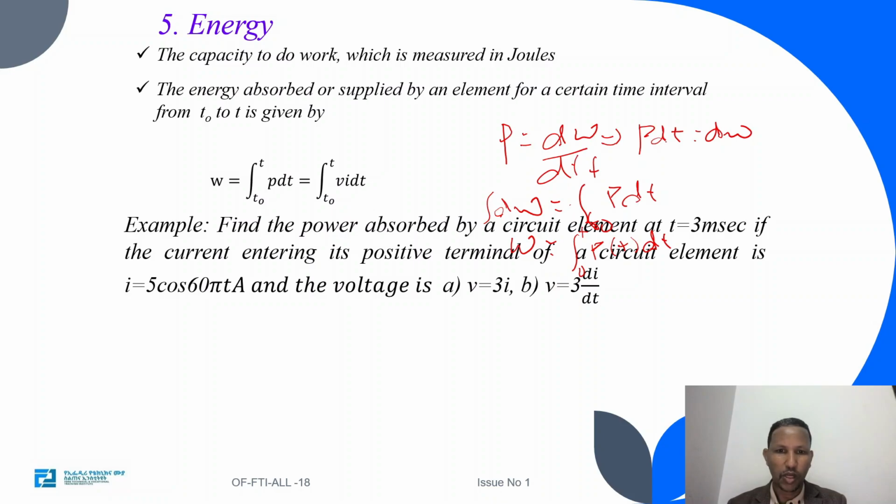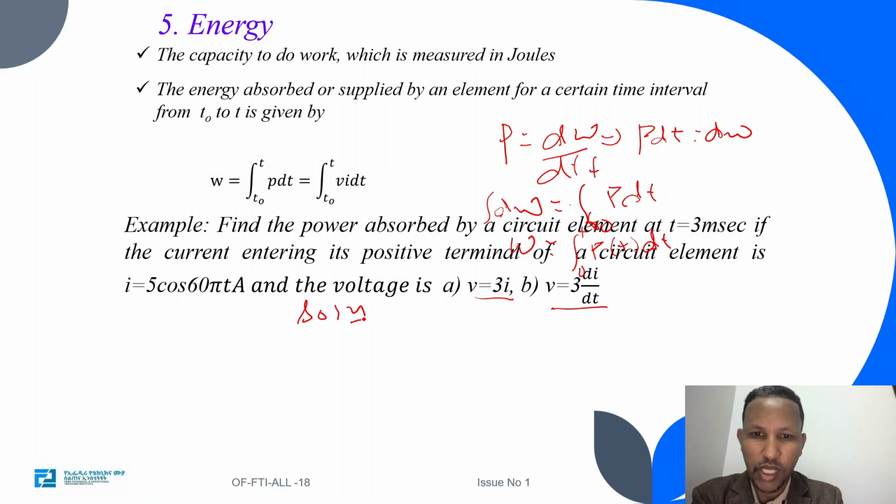For this case, find the power absorbed by a circuit element at t equals 3 milliseconds, if the current entering its positive terminal is given by 5 cos 60 pi t amperes, and the voltage is given by this expression. Now we are asked to determine the power absorbed by the circuit element at t equals 3 milliseconds.